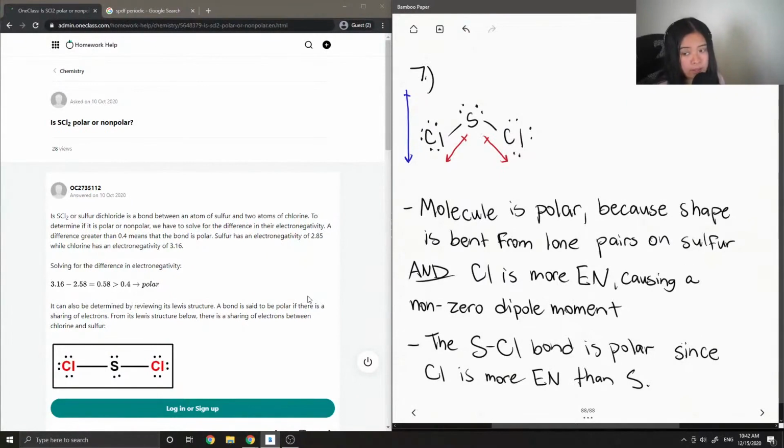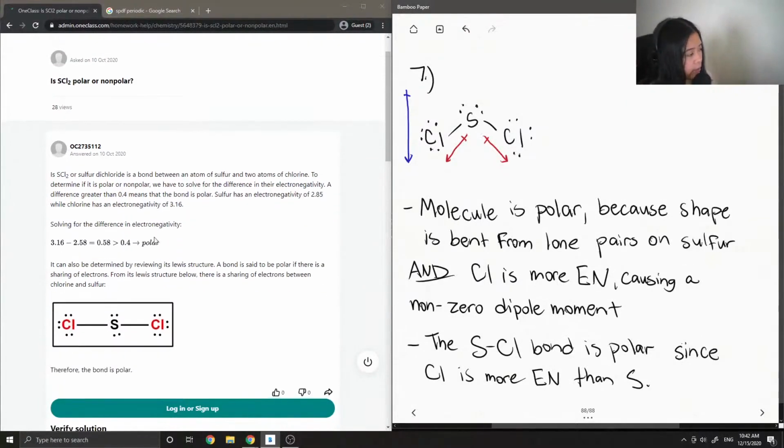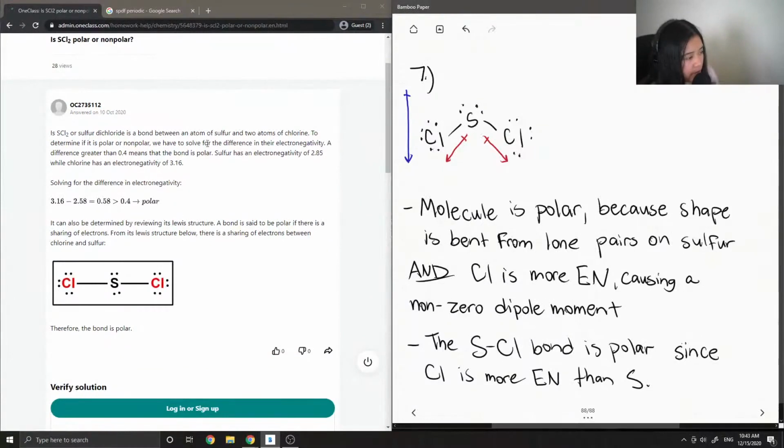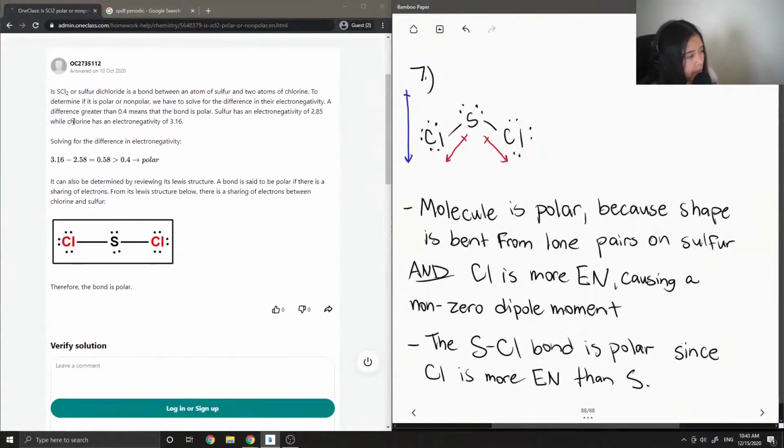Okay, so let's see what the junior tutor said. Sulfur dichloride is a bond between an atom of sulfur and 2 atoms of chlorine. To determine if it is polar or nonpolar, we have to solve for the difference in their electronegativity. A difference greater than 0.4 means that the bond is polar.